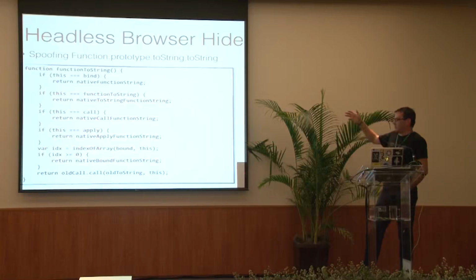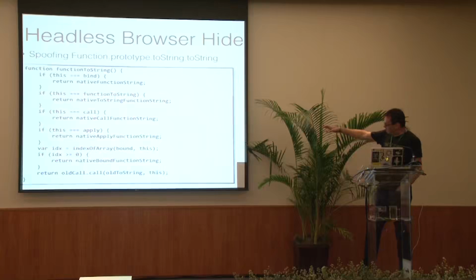And then JavaScript also has ways of calling a function by not actually calling the function, but applying the call method or apply method. So it's going to be your function.call or your function.apply. You want to spoof them as well. And for example, indexOf of Array is also probably needed to be spoofed.